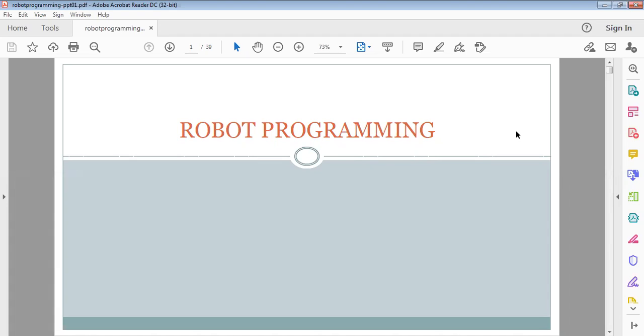Through those instructions, you can play with the robot according to your thoughts. So let me go to the actual topic of robot programming.